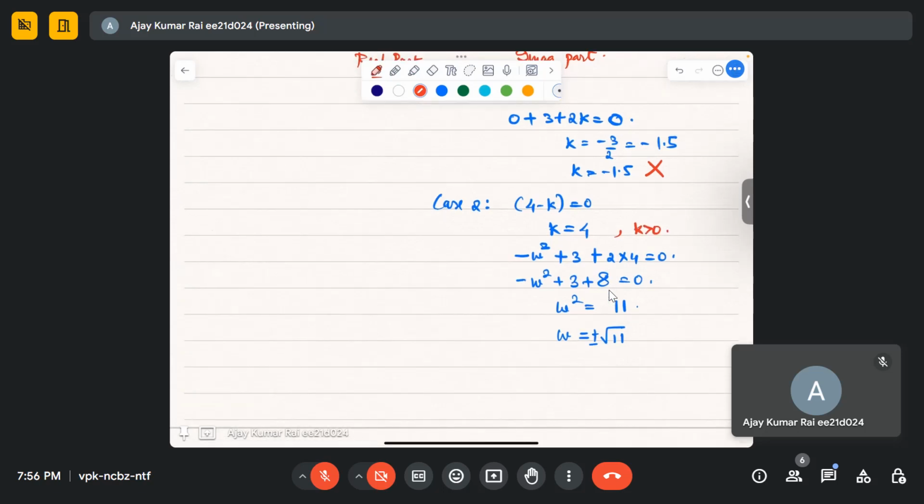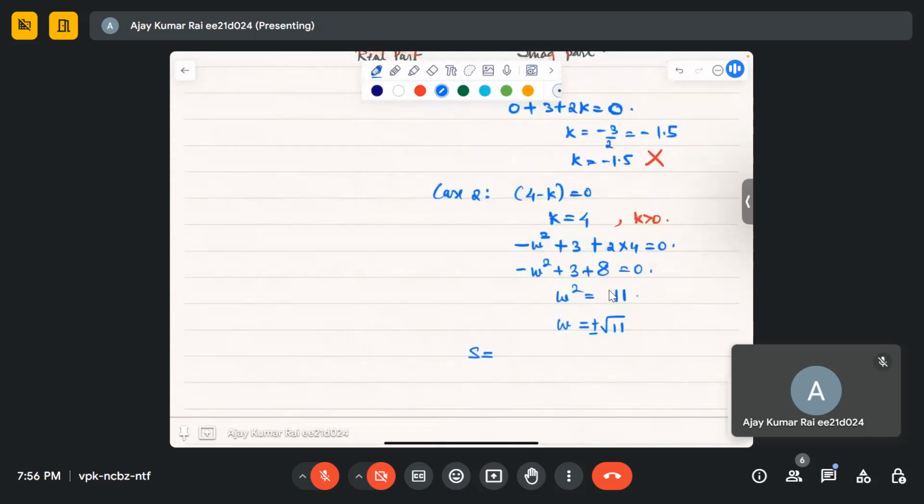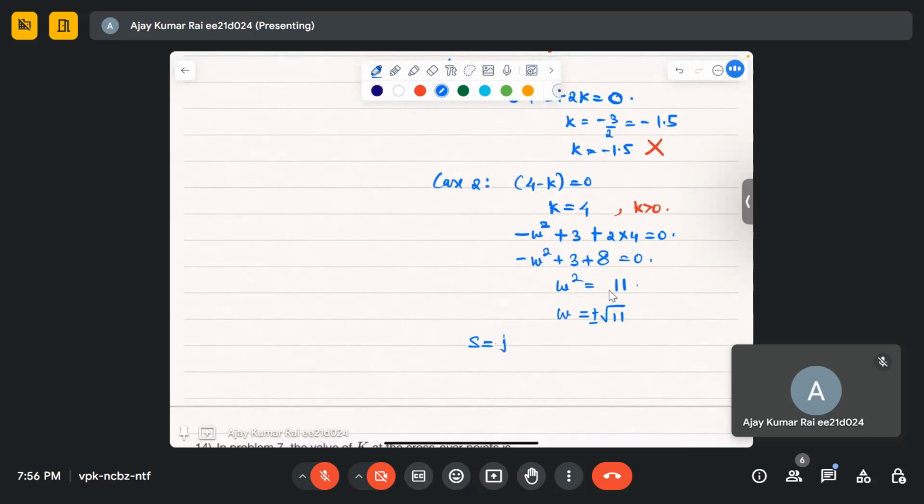And we also know that at some point omega equal to plus minus root of 11, or you can say s equal to plus minus j root 11, because we have put s equal to j omega. So these are the crossover points, right?